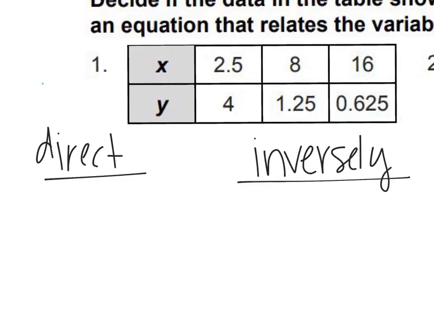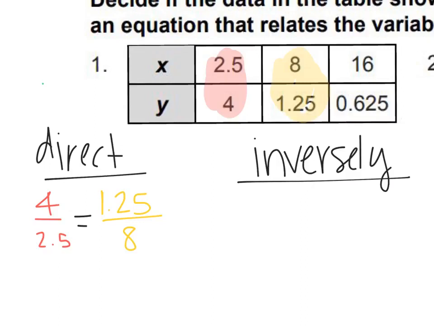So if they vary directly, then what that means is if I divide 4 by 2.5, then it should be the same as 1.25 divided by 8.